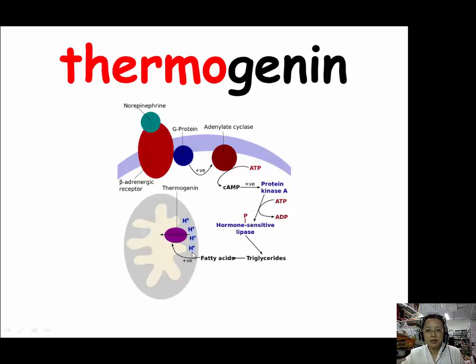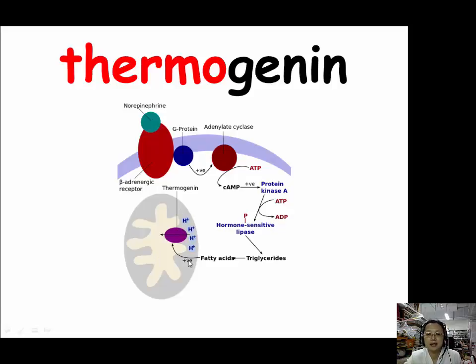The concentration of protons is higher in the intermembrane space than in the matrix, and this difference of proton concentration is called a proton gradient. Thermogenin can dissipate the proton gradient created by the respiratory chain, the electron transport chain.